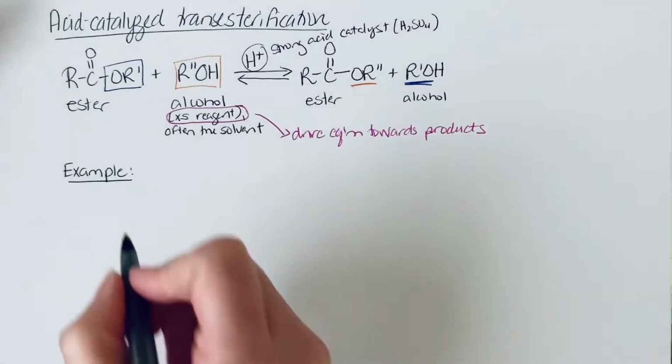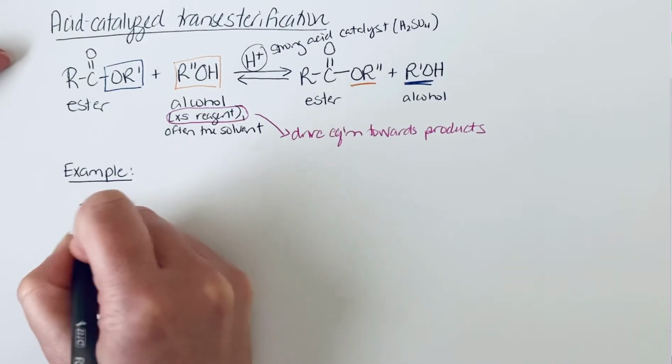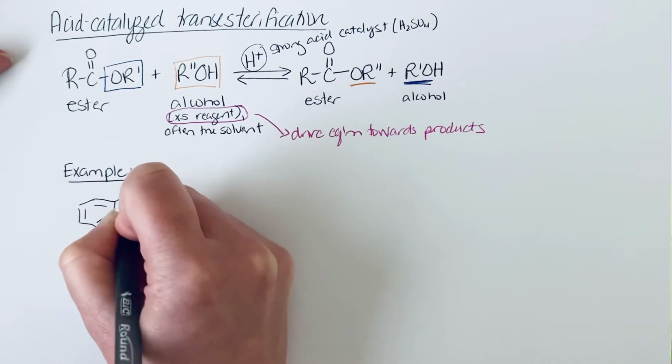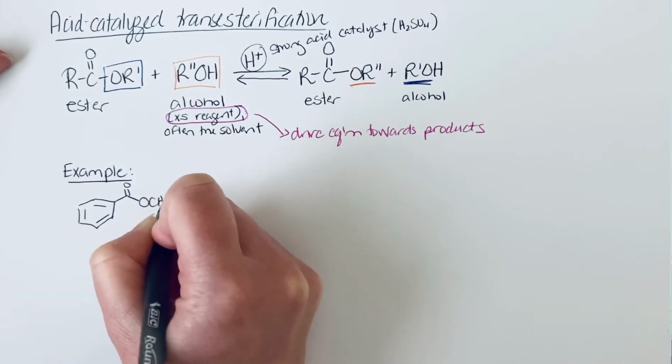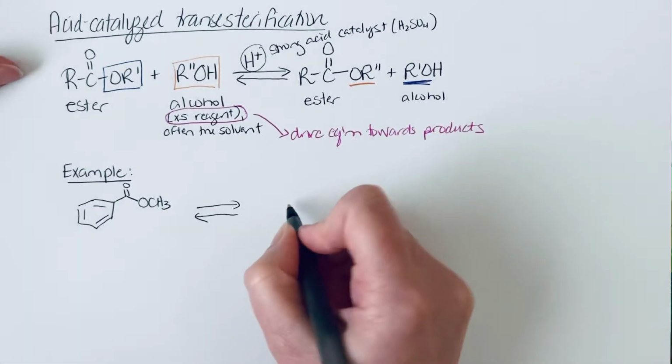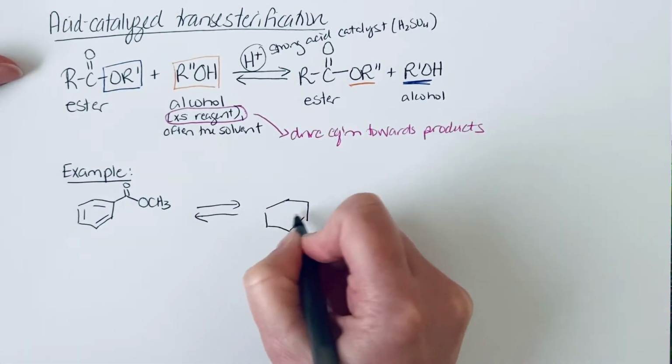Okay, so let's say we are starting with methyl benzoate, and maybe we want to do a reaction to form ethyl benzoate.